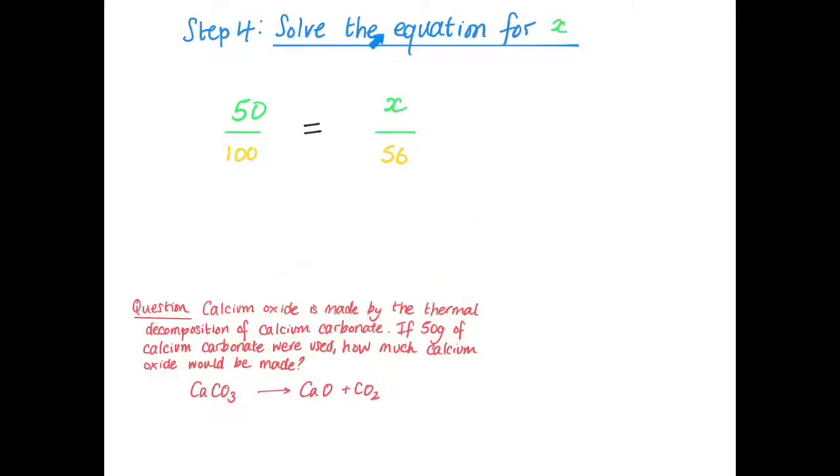So we need to solve the equation for x, which means making x the subject of the equation. If we multiply this side and this side by 56, it's like moving this number 56 up to there.